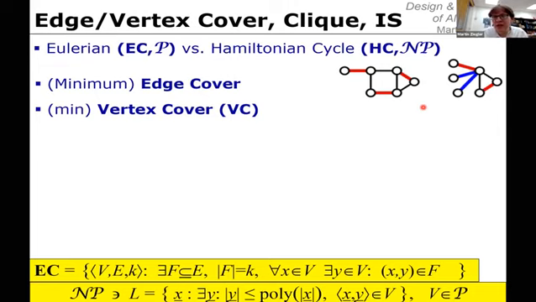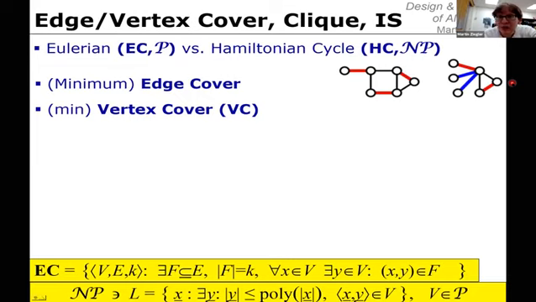And now let's look at the graph on the right. This graph on the right also has 6 vertices and 6 edges. And here the minimum edge cover consists of 4 edges. So again, here you see 4 edges are marked. 2 are marked red and 2 are marked blue. And these 4 edges together have also the property that every vertex is endpoint to at least one of these edges.